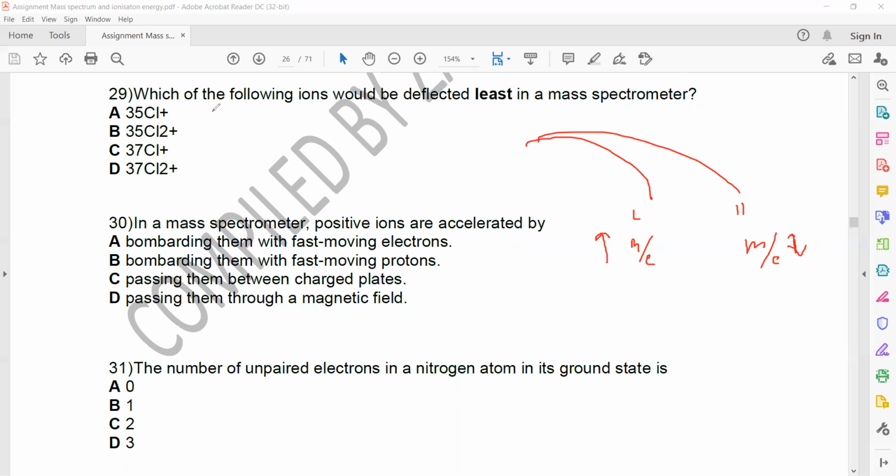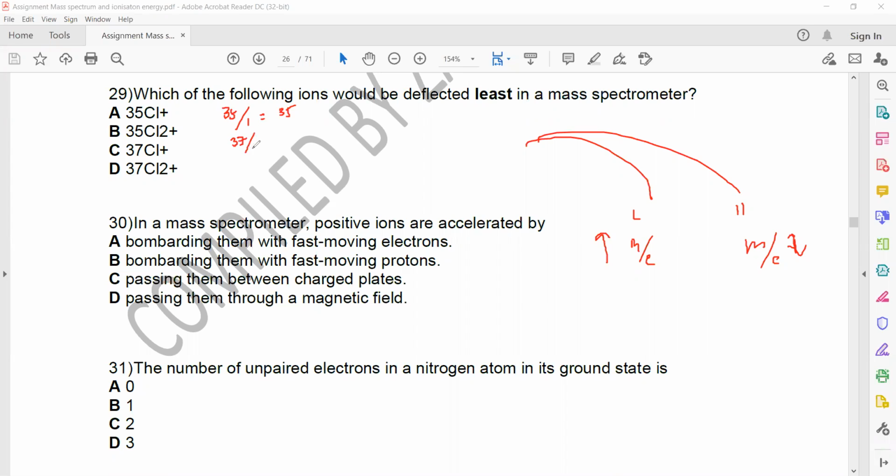So when we write the mass to charge ratio, like chlorine 35 is there. So 35 divided by 1, so this will be 35.